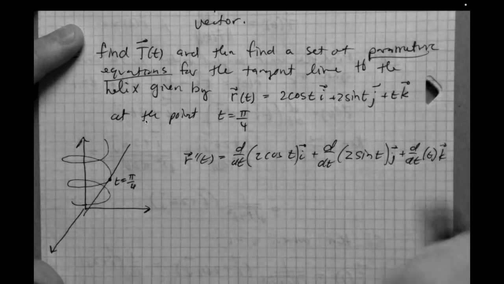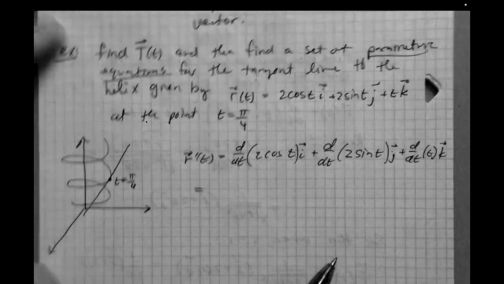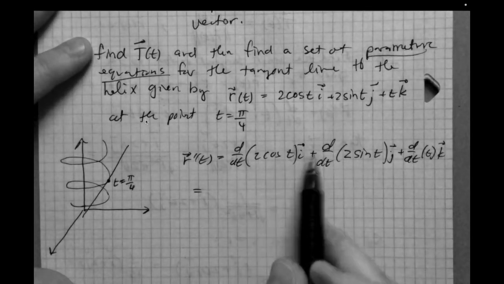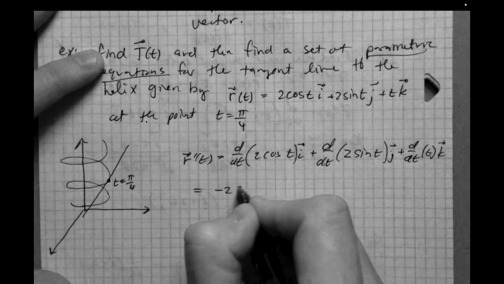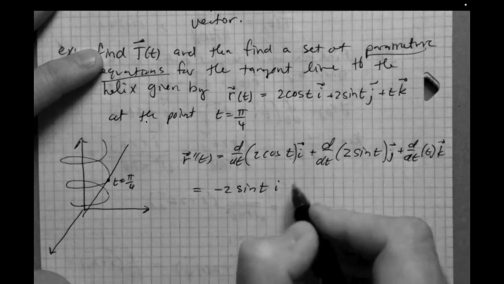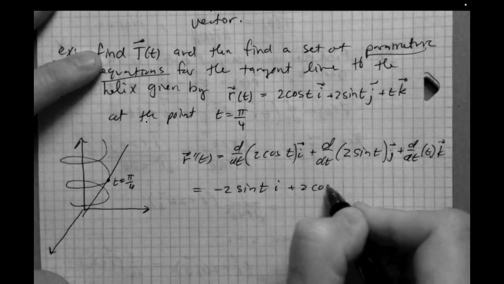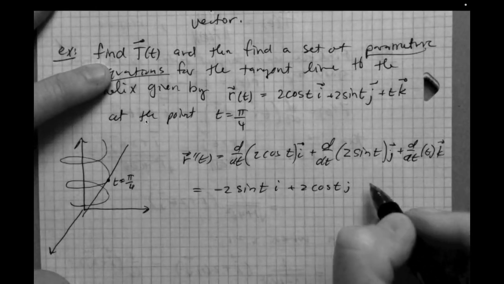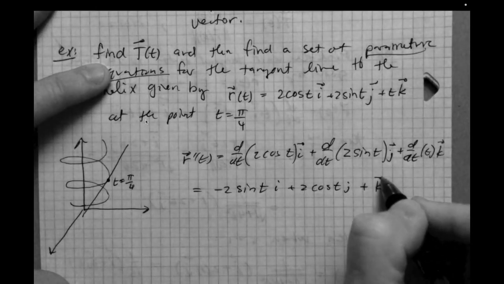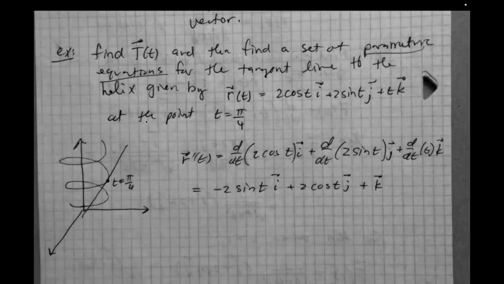This is definitely more detail than is necessary, but that's okay. So this would be negative 2 sine t times i plus 2 cos t times j plus k. So that's our derivative.